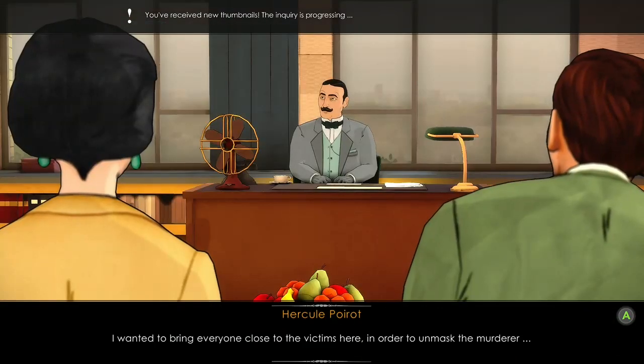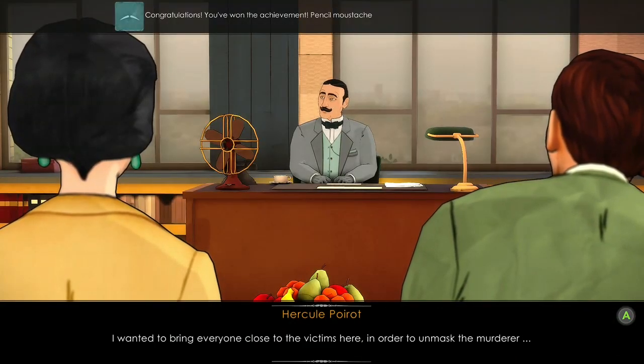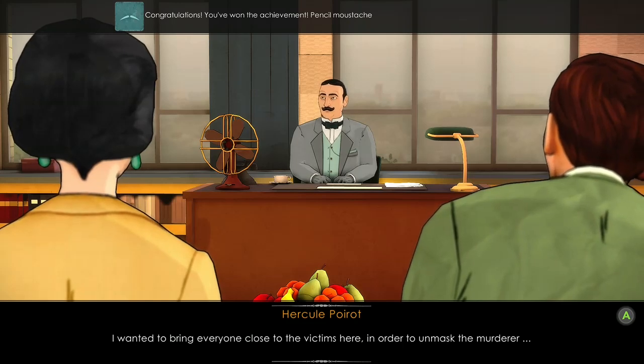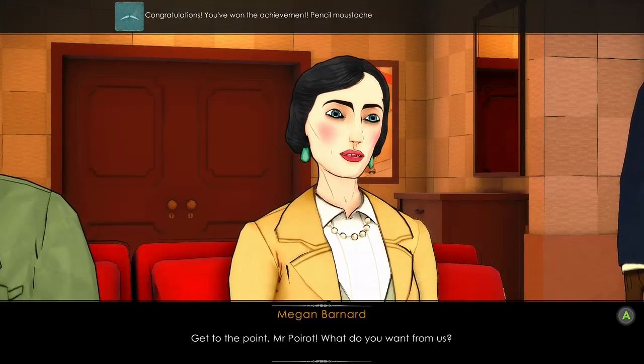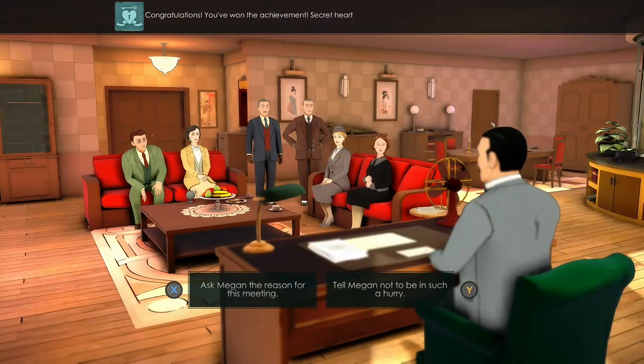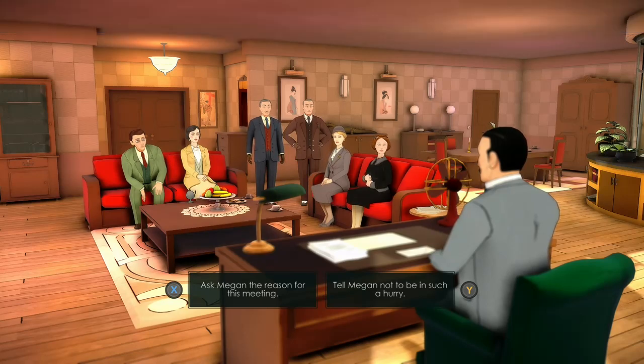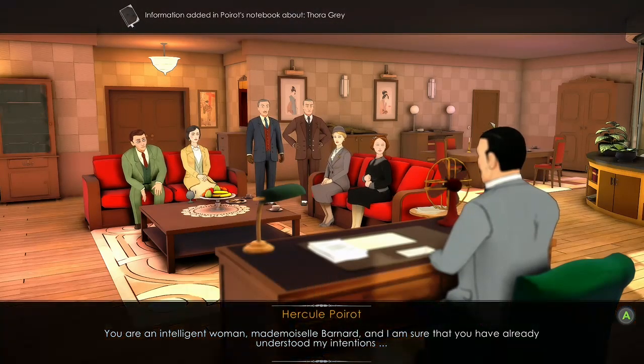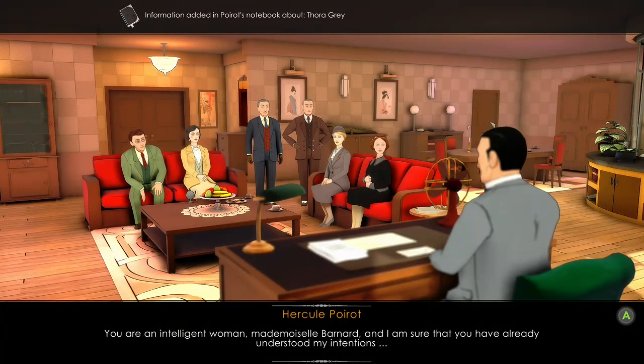I wanted to bring everyone close to the victim's ear in order to unmask the murderer. Get to the point, Mr. Poirot. What do you want from us? You are an intelligent woman, Mademoiselle Barnard, and I'm sure that you have already understood my intentions.